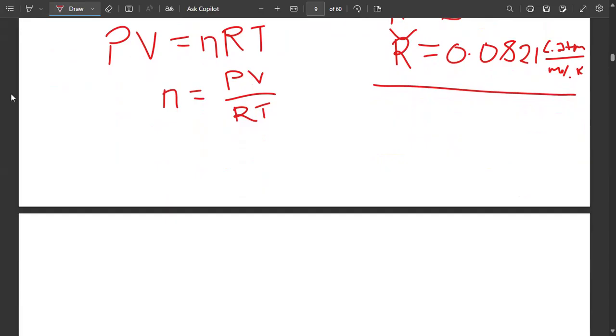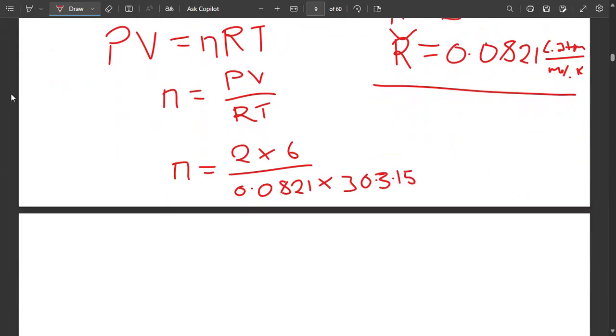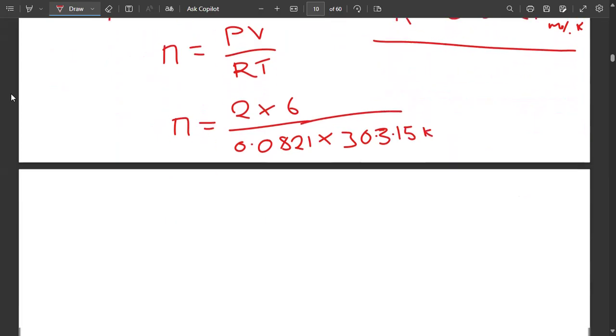Okay, so I'm going to say n will be equal to PV over RT. The pressure is 2 atm multiplied by the volume, which is 6 liters, over R, 0.0821, multiplied by the temperature, which is 303.15 Kelvin, like this. And what am I going to have?